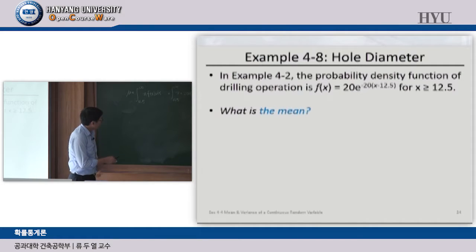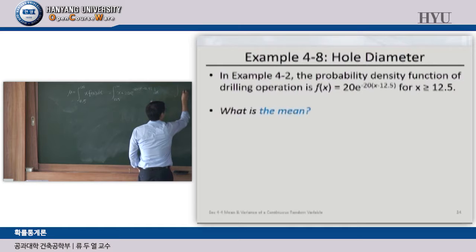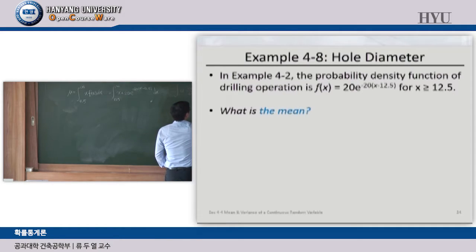So to calculate this, we have to know about the famous relationship, that is integration of u dv over dx is equal to u multiplied by v minus the integration of v du over dx dx.